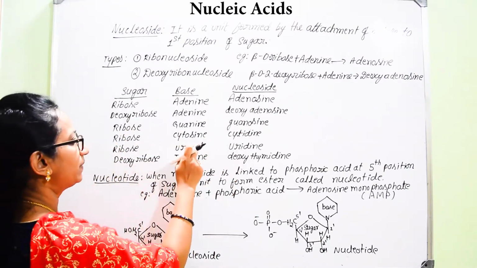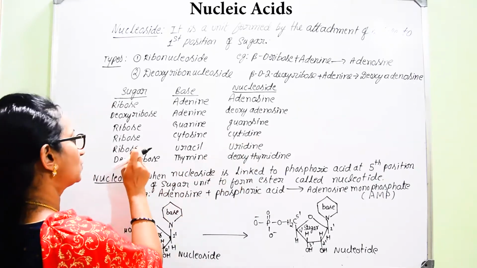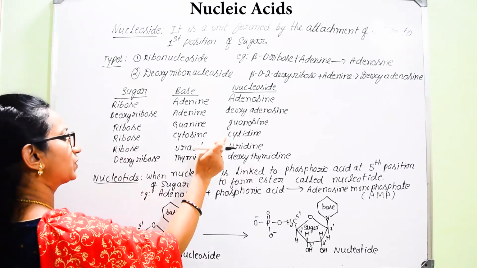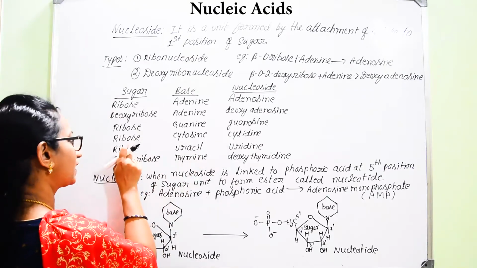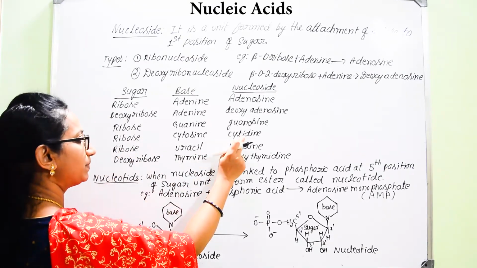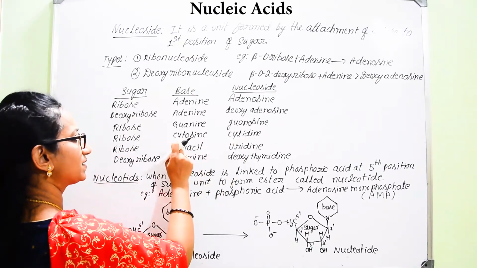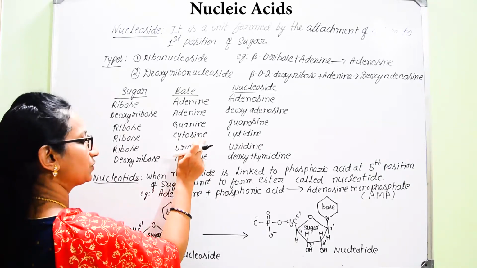Name the sugar and base present in cytidine. No deoxy means it is ribose sugar itself, and the base, cyt means we can easily recognize it is cytosine.